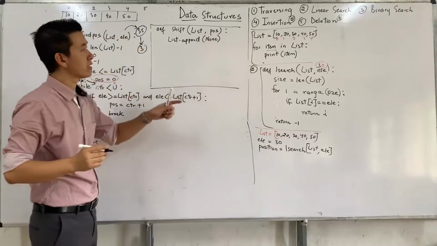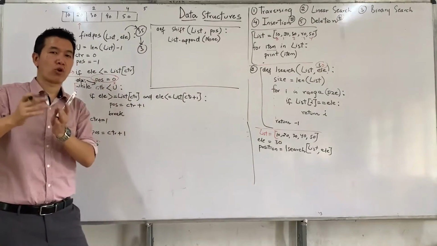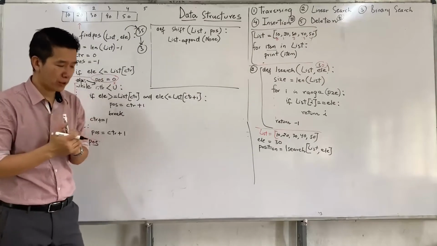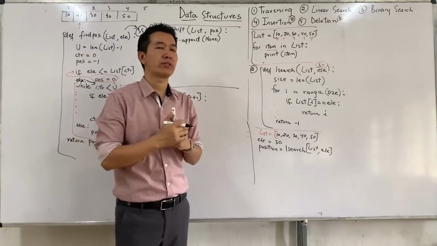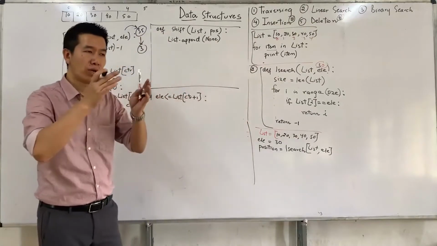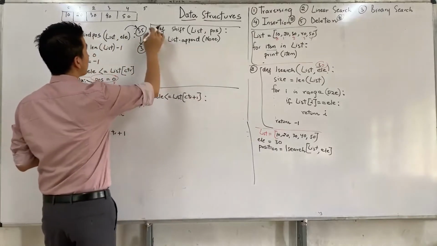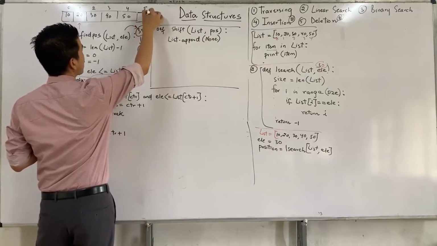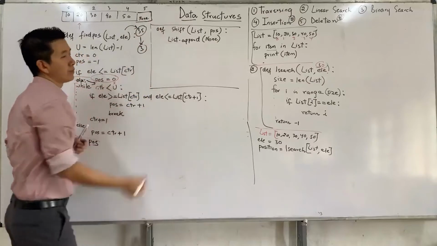This none is a special value of a data type called NoneType, which is used to refer to a null value or a value which does not exist. So with this particular statement, we now have an additional slot with the value of none.